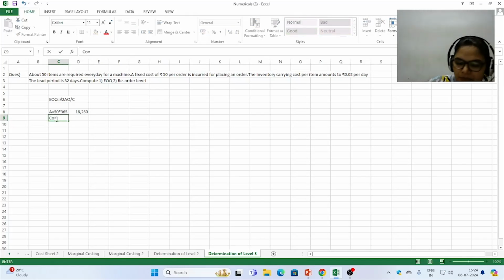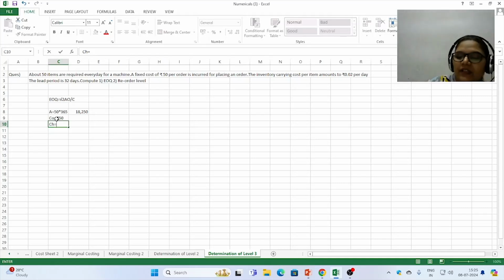Next is cost per order, CO, which is rupees 50. Next is CH, the inventory carrying cost per item. It is given in the question that the inventory carrying cost per item amounts to 0.02 per day.